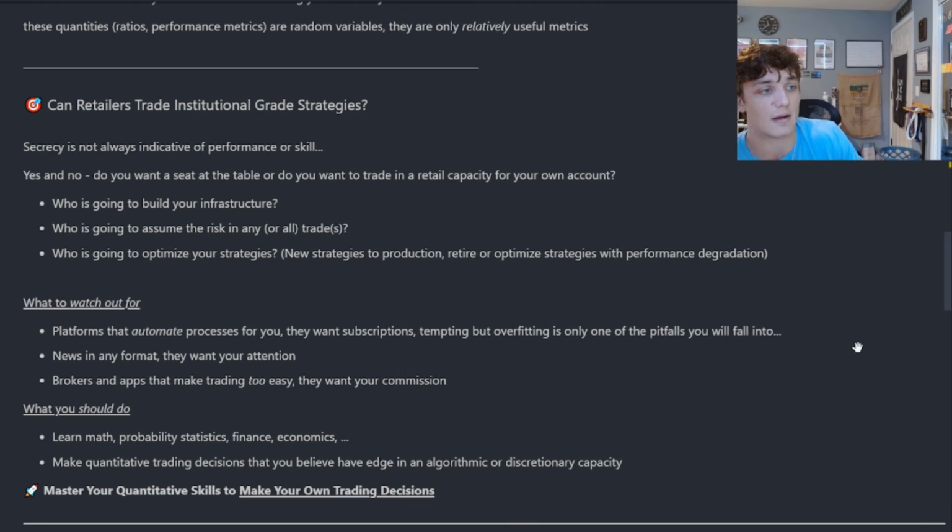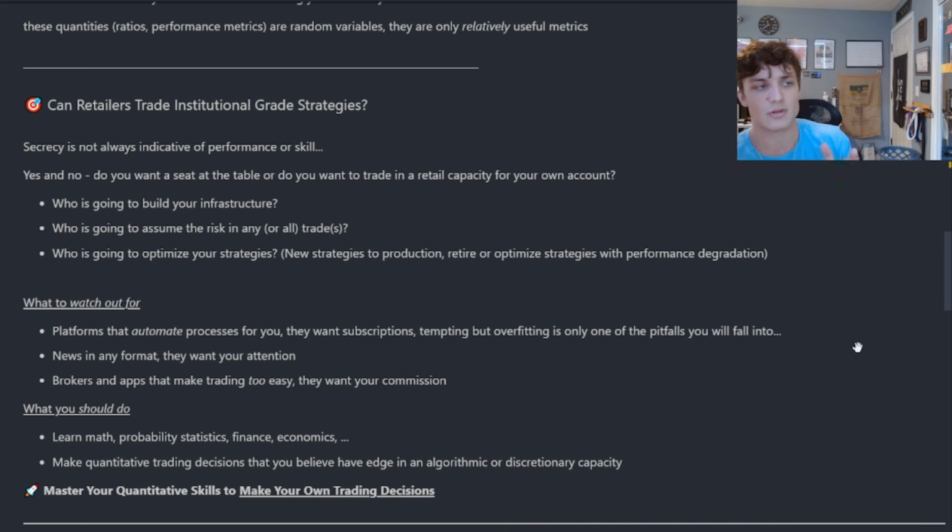And the reason why in all of my videos I harp on mastering your quantitative skills is because you need to be able to make these decisions for yourself. I don't care if you go to Quant Guild to master your quantitative skills. I don't care if you get a degree in math and that's how you master your quantitative skills, or you self-study, or whatever it is.